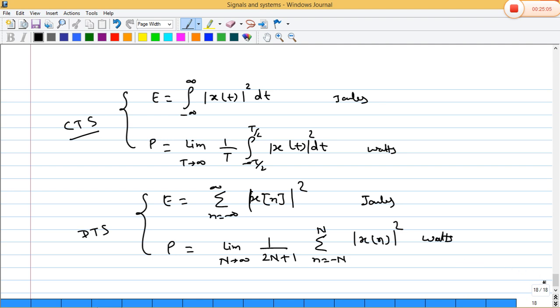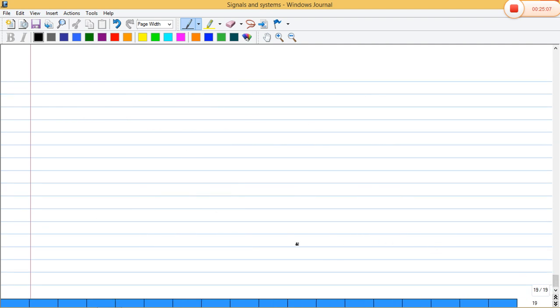Now some conditions will be there. What condition will be there? The condition is: x(t) or x of n is said to be an energy signal if and only if E is finite, meaning from 0 to infinity, and P is equal to 0.